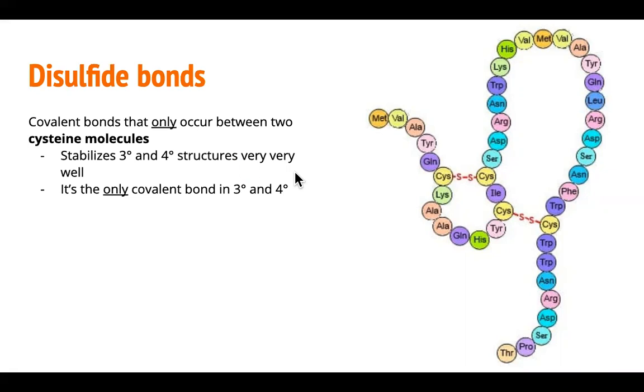I've seen this in the past, methionine has a sulfur, but that's not going to create a disulfide bond or a disulfide bridge because it's not an SH at the end of the amino acid. So unless you see cysteine, you're not going to have a disulfide bond.